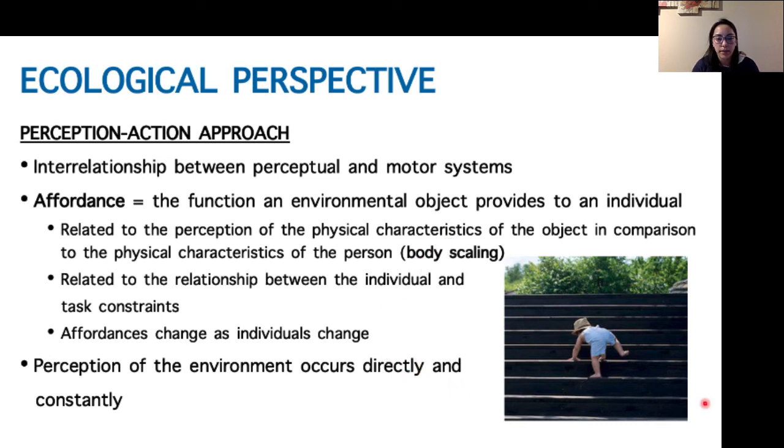The last primary feature of the perception action theory is that perception of the environment occurs directly and constantly. This varies from the information processing theory, which argues that the brain can perform a limitless number of calculations using stimulus information to determine, let's say, the speed and direction of both the person and the objects within their environment, and that's whether objects in the environment are moving and/or stationary.